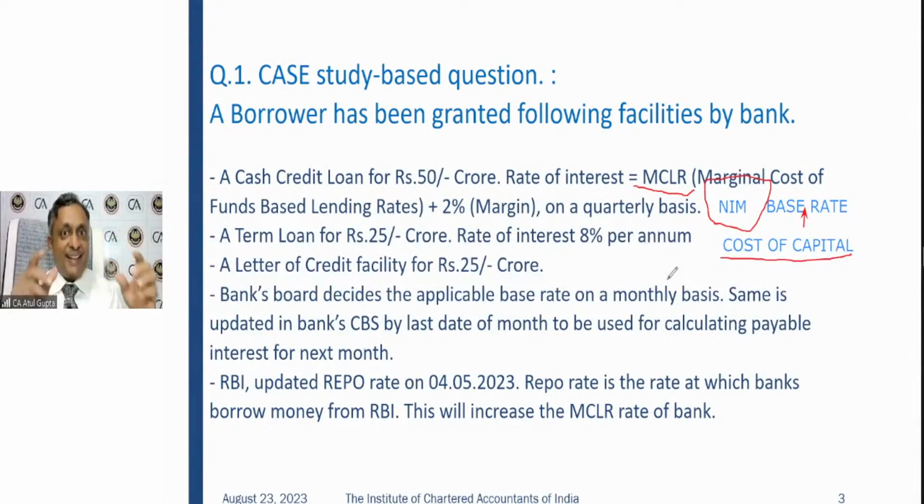For sake of discussion, if my cost of capital is say 6%, that becomes my base rate. If I give you advance at 8%, my cost of capital is 6% and I give you advance at 8%. So my net interest margin is 2%. That is called NIM, net interest margin.